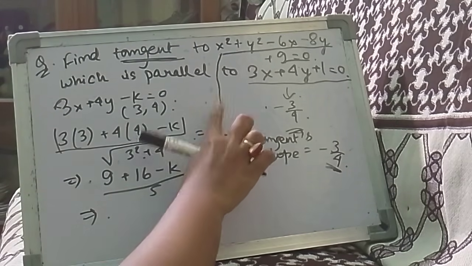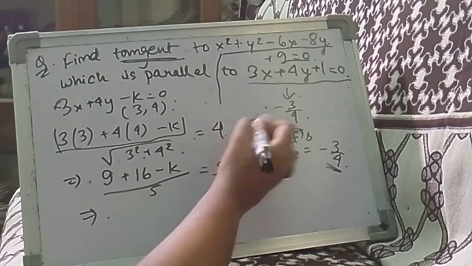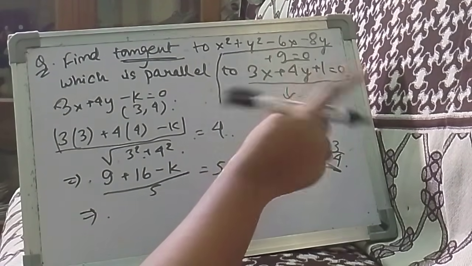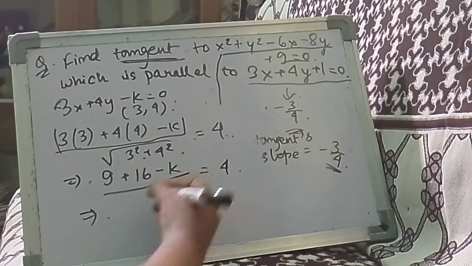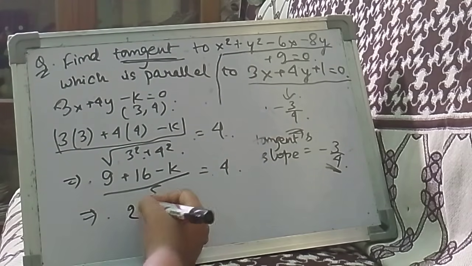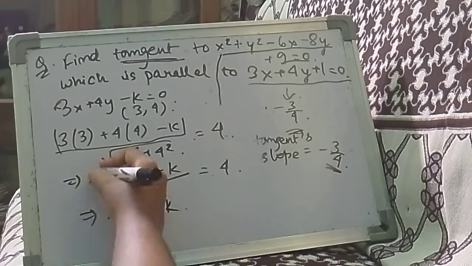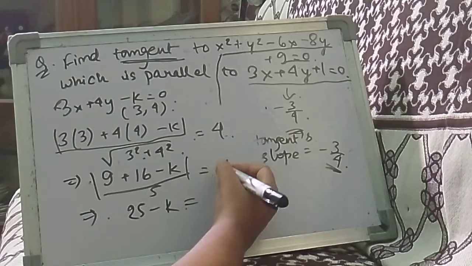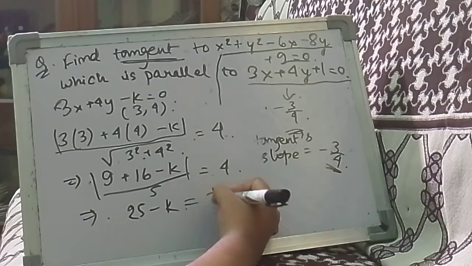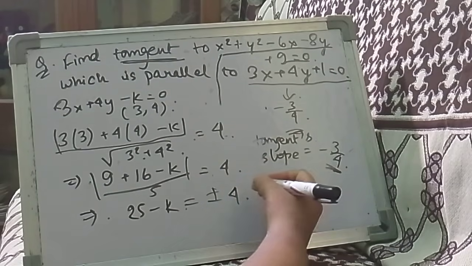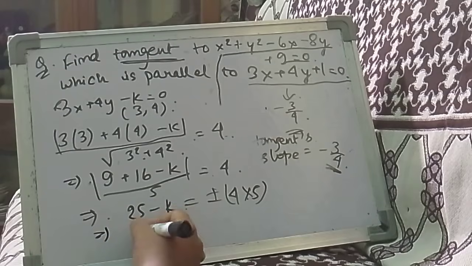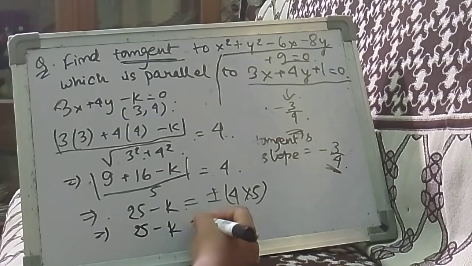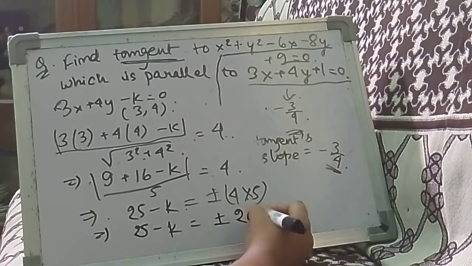Sorry, this was 4. The radius was 4. I calculated it wrong before. So let's fix that. This will be 4. So this becomes 25 minus k equals to, when this mod gets removed, plus minus 4 into 5. So it becomes 25 minus k equals to plus minus 20.